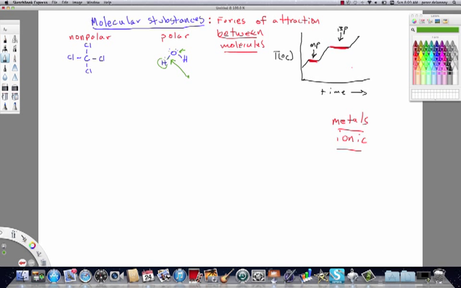This is a force of attraction between two atoms within the molecule, and this force of attraction between this hydrogen and that oxygen has nothing to do with force of attraction between molecules.